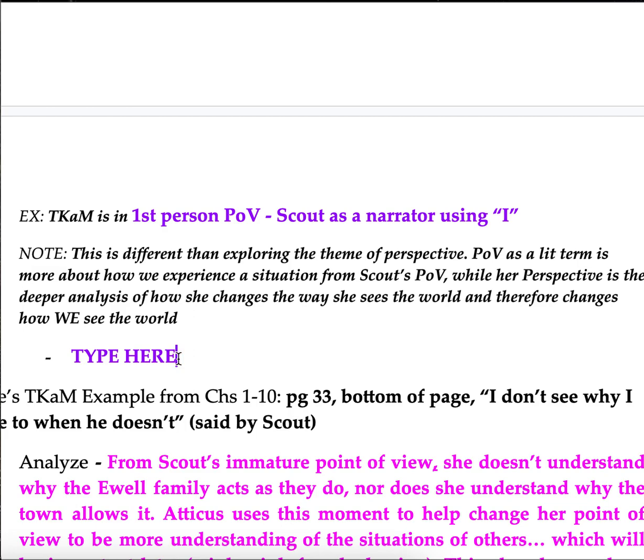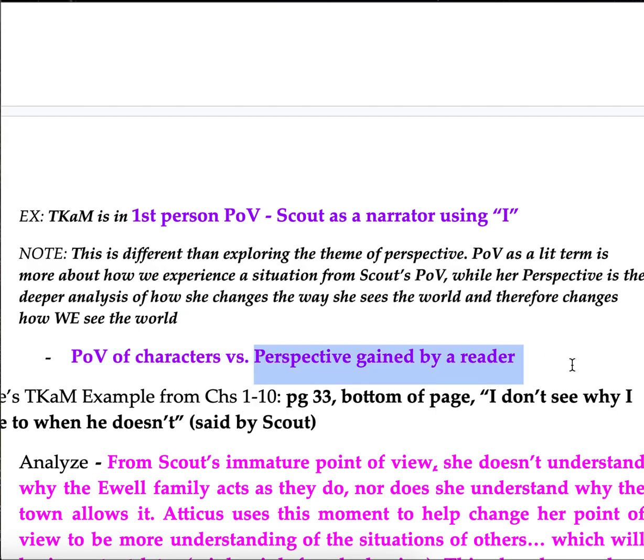So another way to think of this is the idea that we have a point of view of characters versus perspective gained by a reader. So the character's point of view can change our perspective. If that's a little confusing, I do have an example to show you.